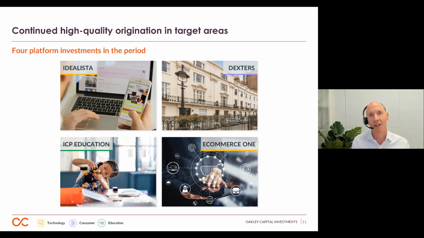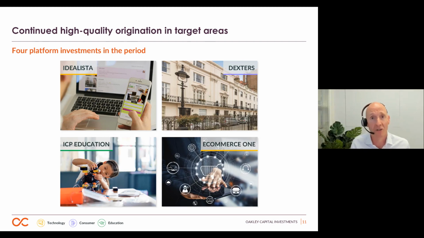The other key point, looking at the typical traits that we have looked for in the portfolio companies, is that they focus on letting. That's 75% of their top line, and as you'll appreciate, that is much more visible. There's much more longevity in a lettings relationship rather than the one-off transactional nature of a property sale.